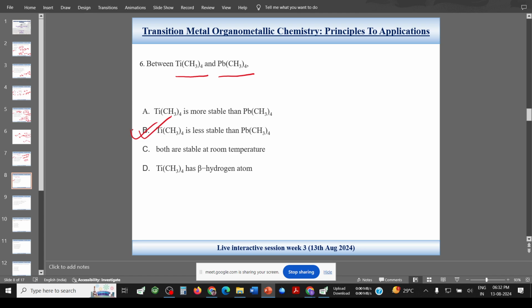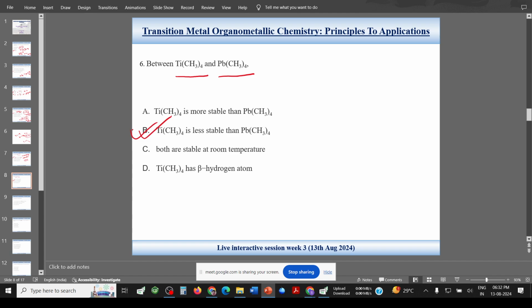Also, in lead the d orbital is filled. So only the p orbital is vacant, but for titanium the d orbital is vacant.